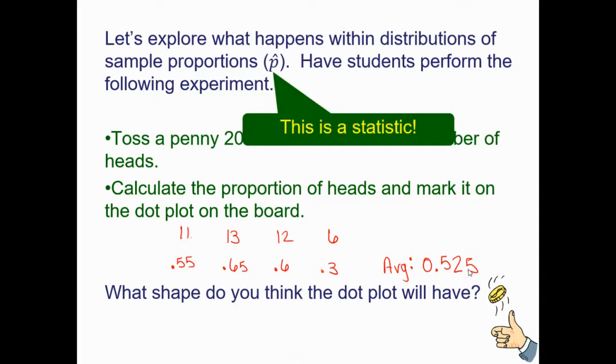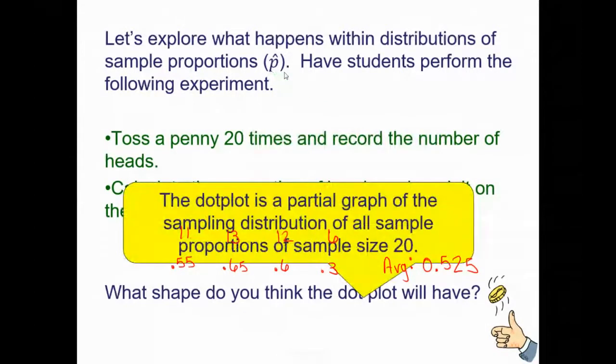So this proportion, which remember yesterday I said we called p hat, is a statistic. If we did a dot plot, which we didn't, it would be a partial graph of the sampling distribution of all sample proportions of size 20.